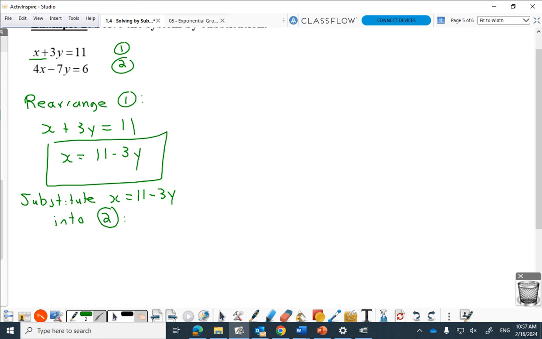He said it out loud. 4x, not x. I mean, it is x, but it's what I found out x was. x is this crazy thing, 11 minus 3y. And I'm going to underline that and underline that so you can see where that's coming from. Instead of writing x, I write what I found x to be.